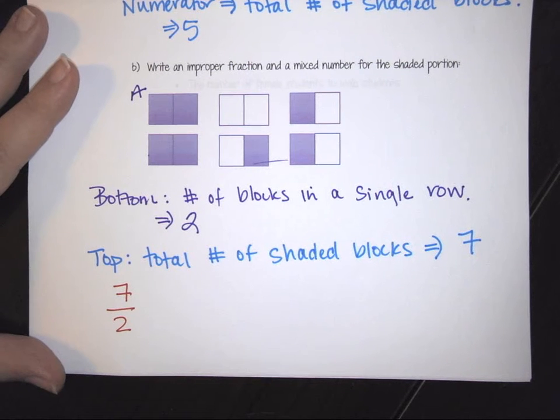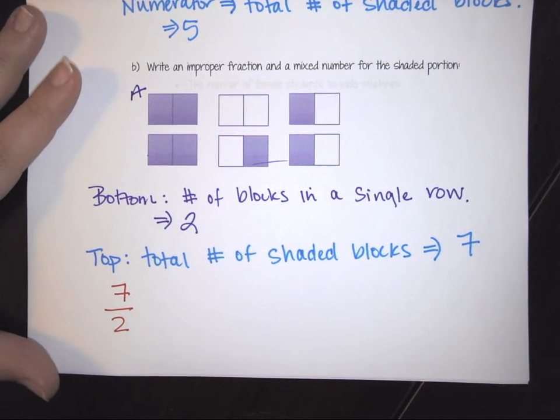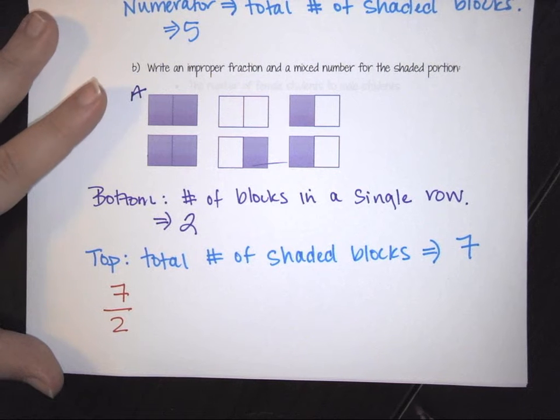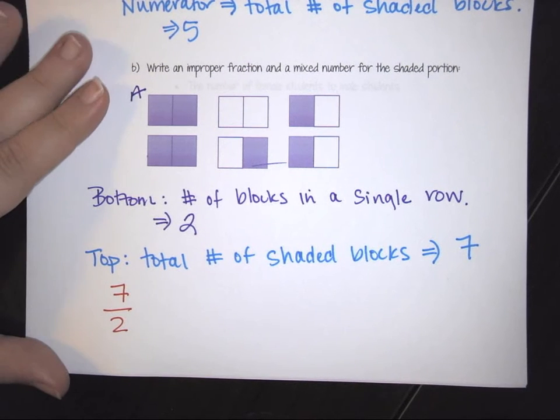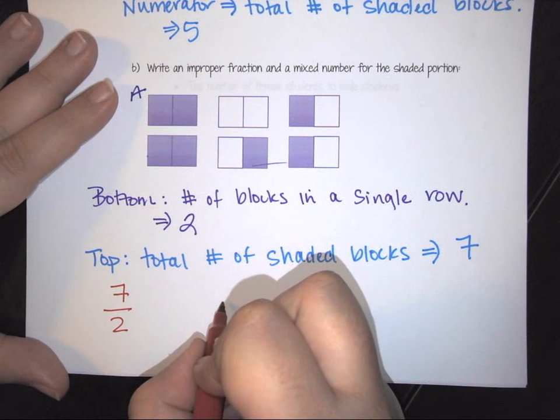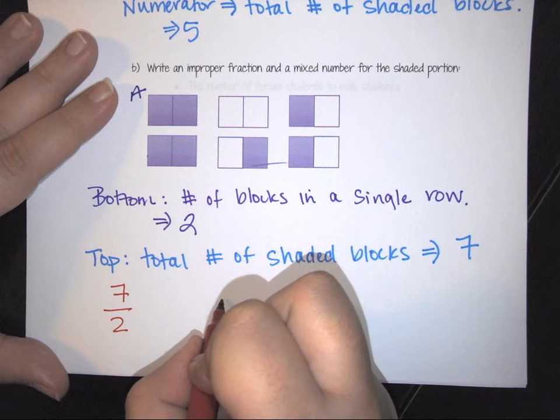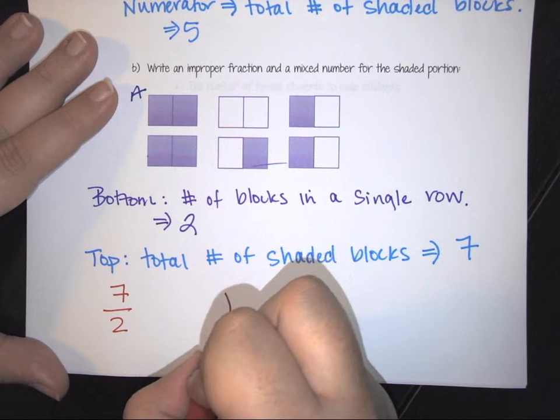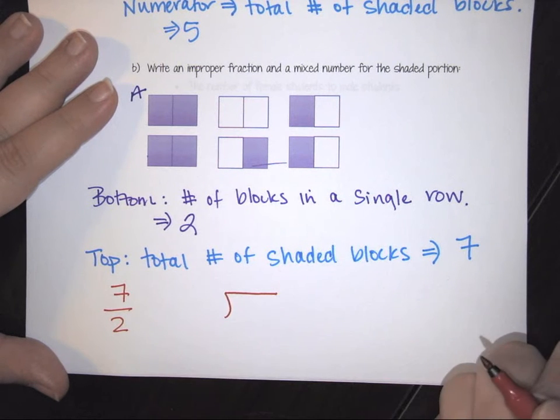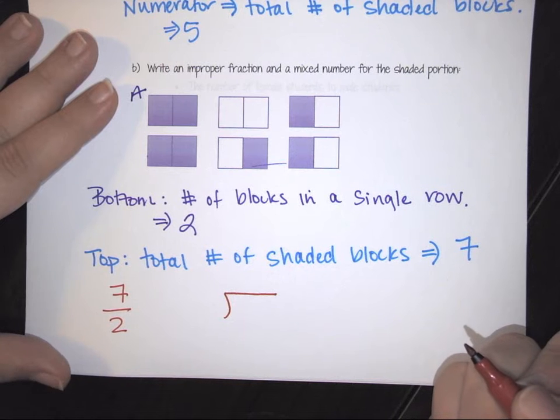And then in order to find the mixed number, we again need to perform old school long division. So if we look at that, what we have to remember here is to find the mixed number, we've got to set up our division.